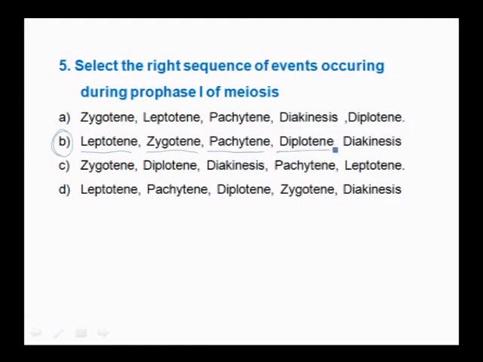Diplotene is a stage where the crossing over will almost end and terminalization starts. Diakinesis is actually the end of prophase 1 where the remaining terminalization is completed. Therefore, prophase 1 is also completed.